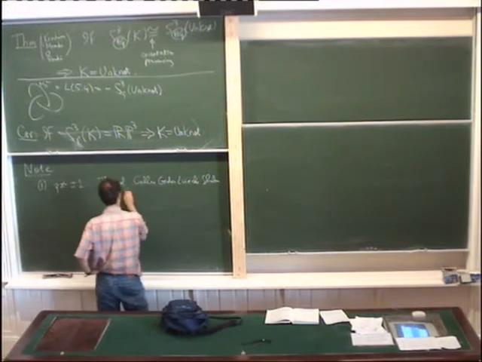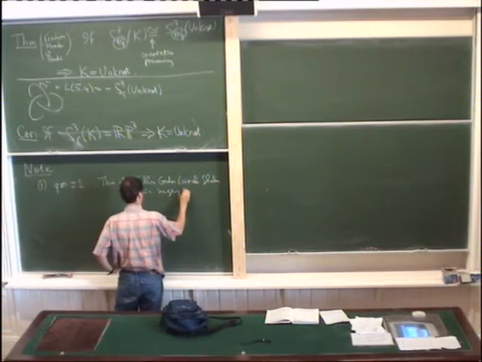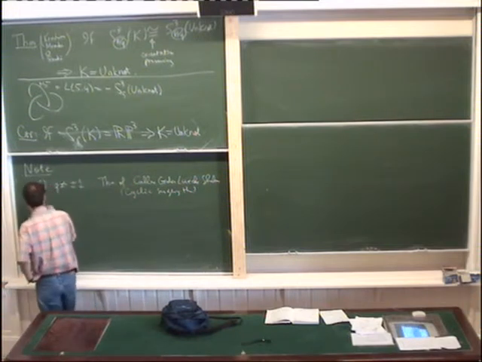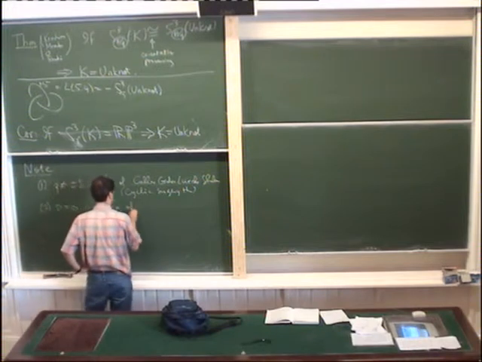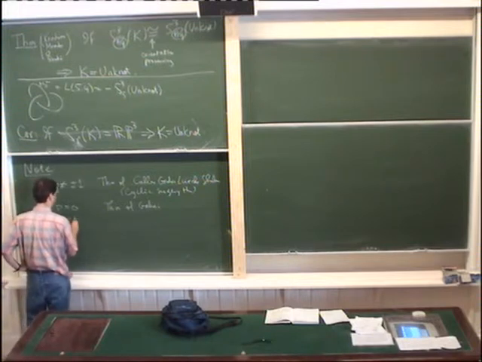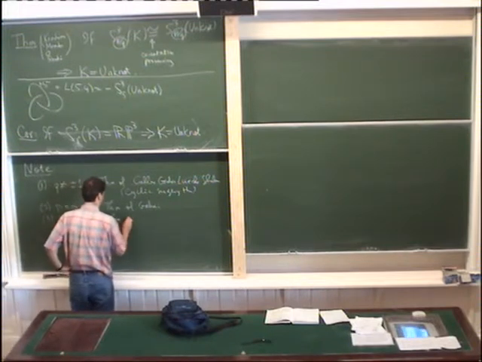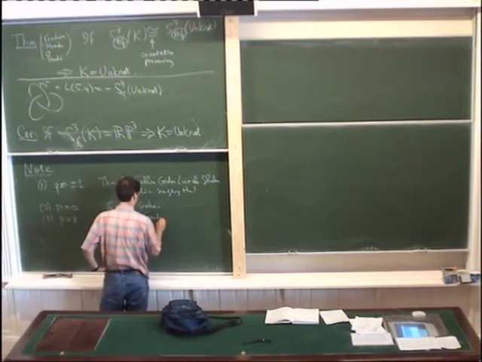This is the cyclic surgery theorem. When p equals 0, it's a theorem of Gabai. This is called property R for knots. When p is equal to plus or minus 1, it's a theorem of Gordon and Luecke.